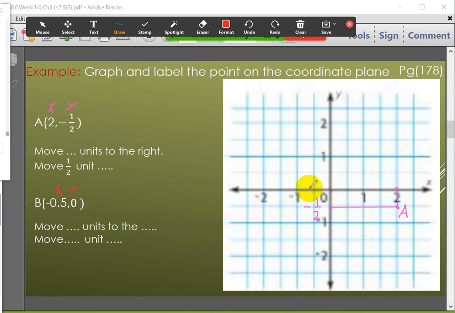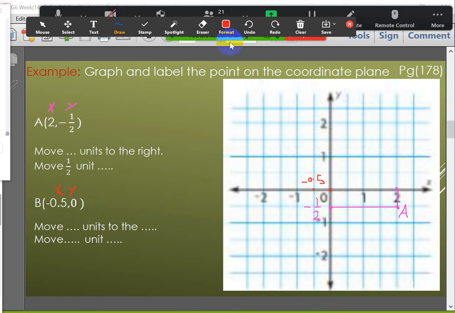Okay, I will put a point. Girls, I will write it here, -0.5. What about 0? Where is the 0? On the y-axis. This is the 0 on the y-axis, and this is the 0 point, right?